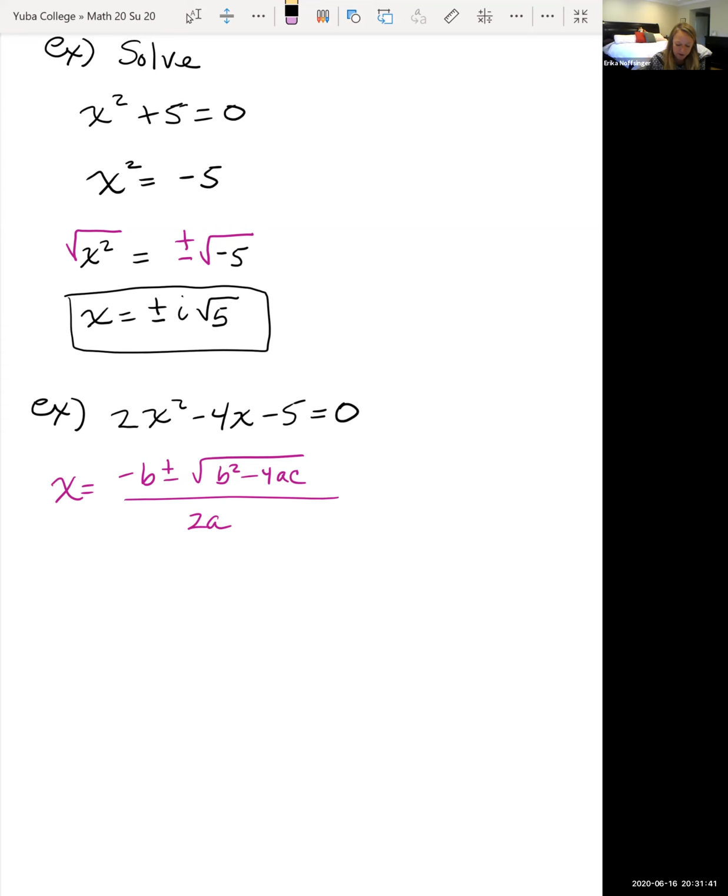To remember this formula, you have a negative b, so negative boy, couldn't decide, so plus or minus, couldn't decide to go to a radical party, so there's where the square root is, b squared, and lose out on 4 awesome chicks, 4ac, all to be over at 2 a.m., 2a.